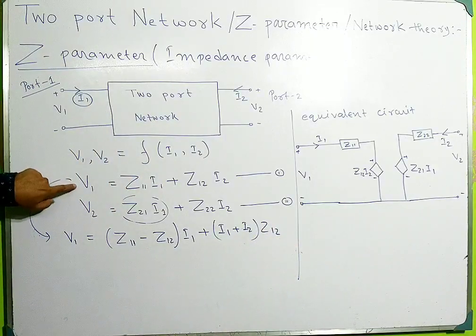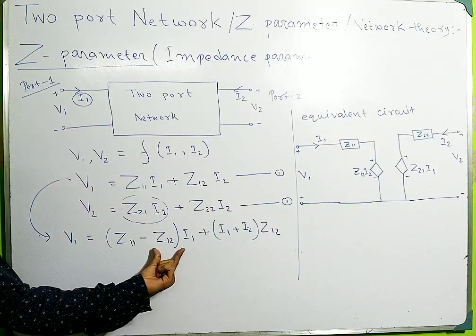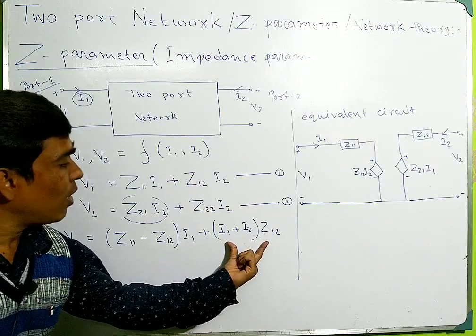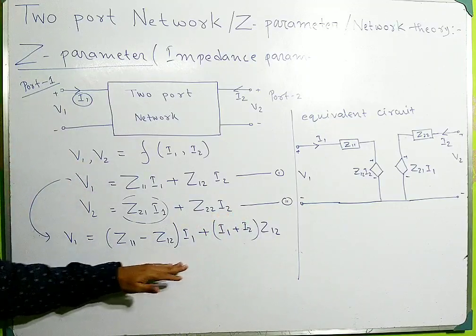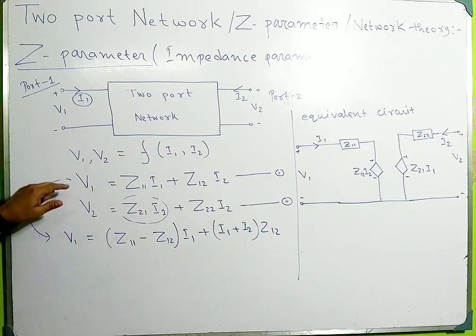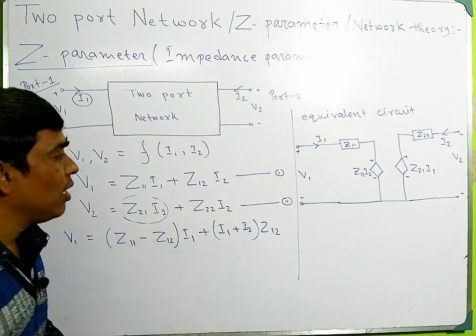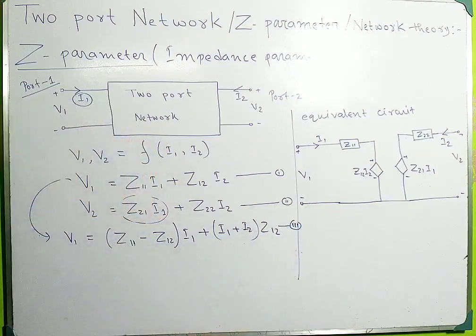Here we take Z12 as the minus portion and the plus portion. So equation 1 becomes this; call it equation number 3.